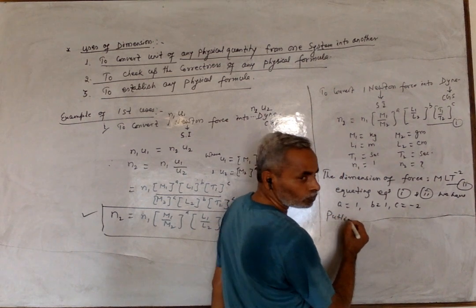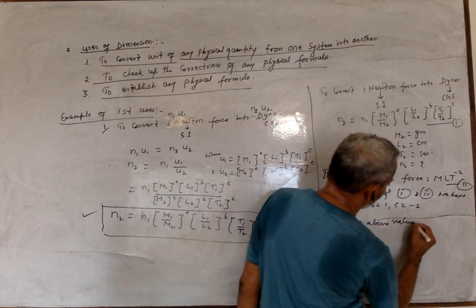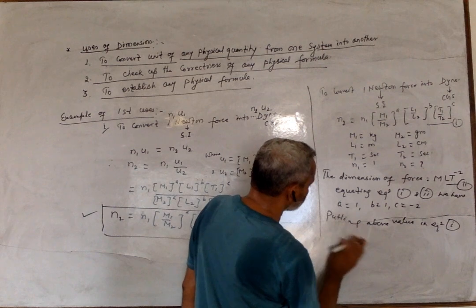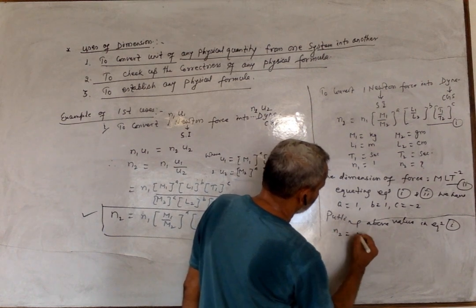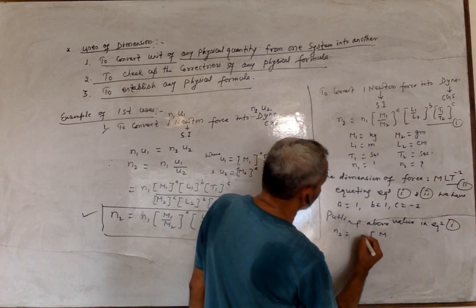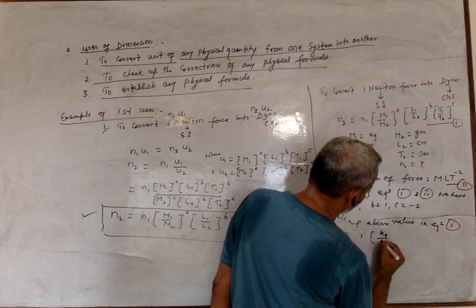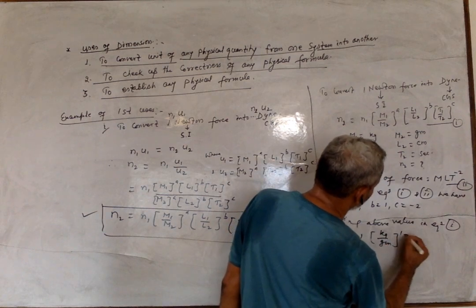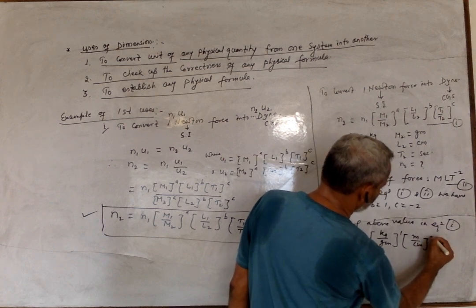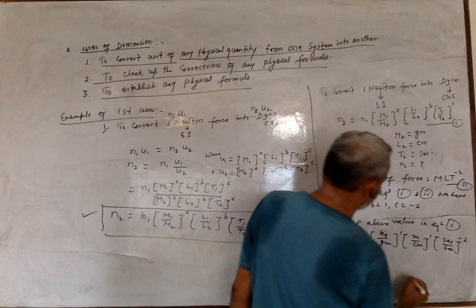Putting the above values in equation 1, N2 equal to N1, where the value of N1 is 1, M1 kg by M2 gram to the power 1, L1 meter by L2 centimeter to the power 1, T1 second by T2 second to the power minus 2.